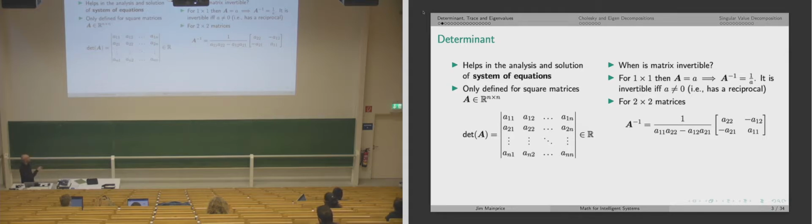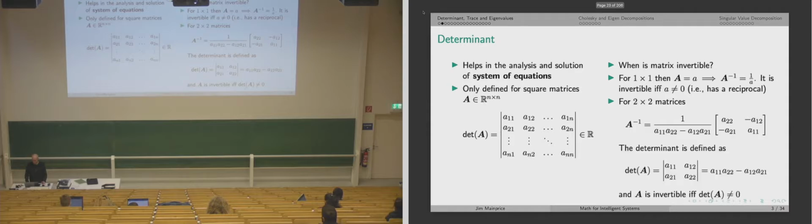So we are multiplying the elements of this row here, and then we're subtracting the product of these elements here. If the matrix is invertible, then the determinant is going to be non-zero.